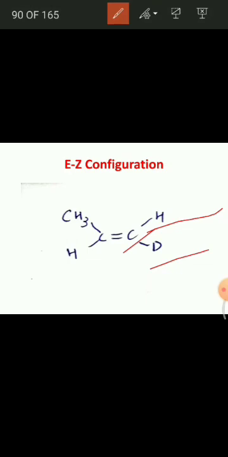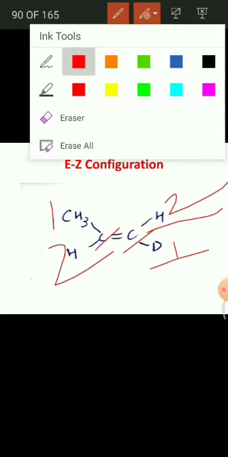According to the first rule, as these have the same atomic number, with the second rule we can give priority to deuterium, as deuterium has more atomic weight than hydrogen, because hydrogen's atomic weight is 1, and for deuterium it is 2, because they are two isotopes. Hence deuterium will be given first priority, then hydrogen. And on this carbon, methyl first and hydrogen second.